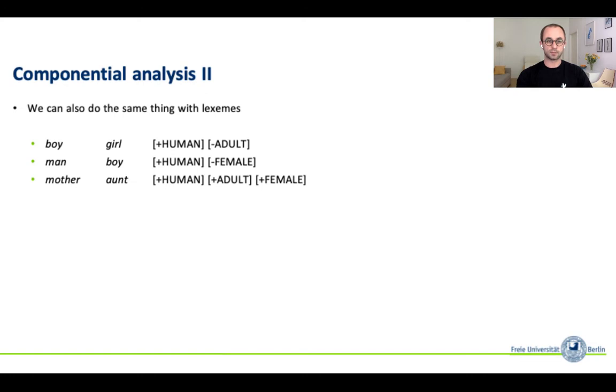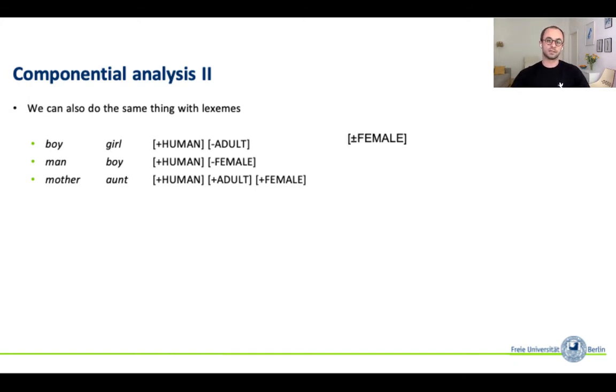The same principle can also be used when we talk about lexemes, right? So, for example, the difference between the words boy and girl, man and boy, mother and aunt can also be described with these features, such as plus human, minus adult for boy and girl, right?